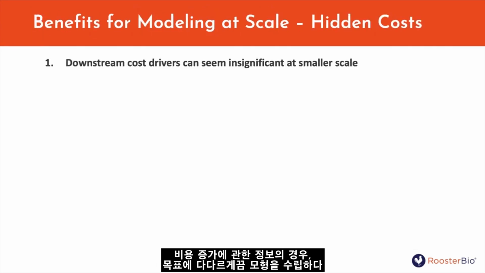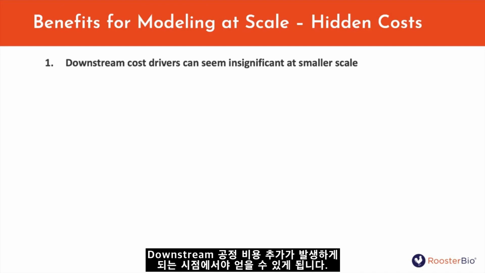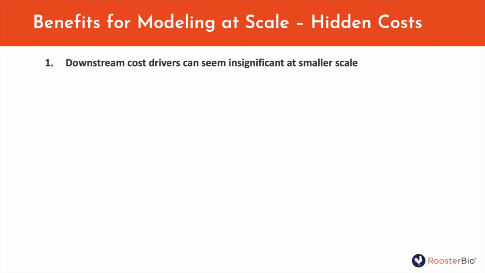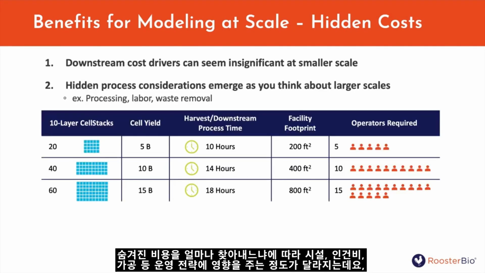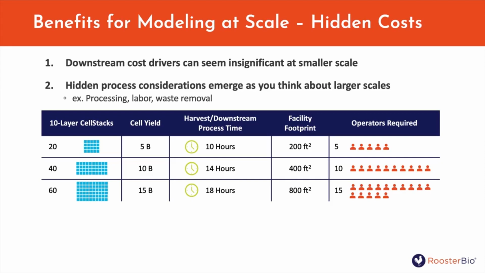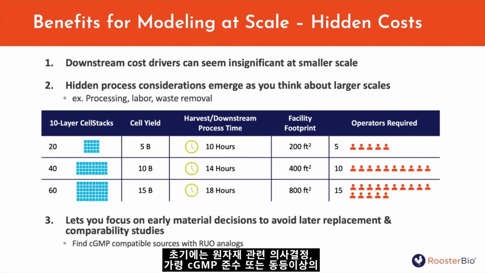This is the sort of information that is gained by building your models at a target scale, where downstream costs can start to emerge. The hidden process considerations can impact future company strategy, such as facility, labor, and processing needs. Also, you can focus early on key material decision areas, such as finding cGMP compatible or even better analogous systems and sources for your development materials.